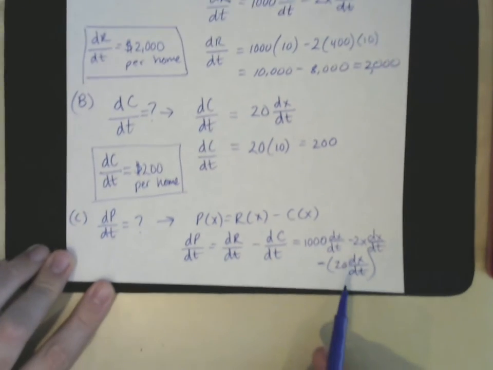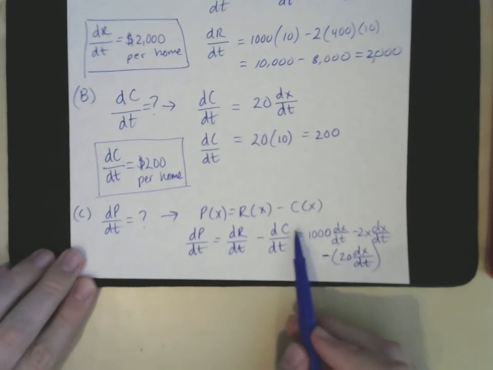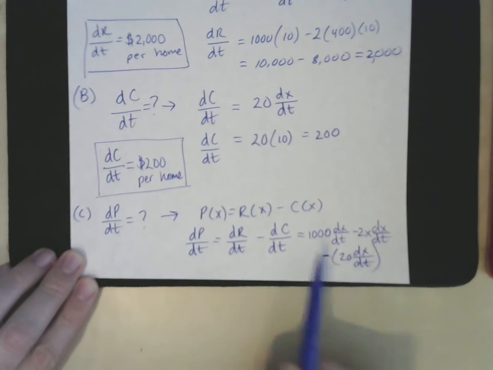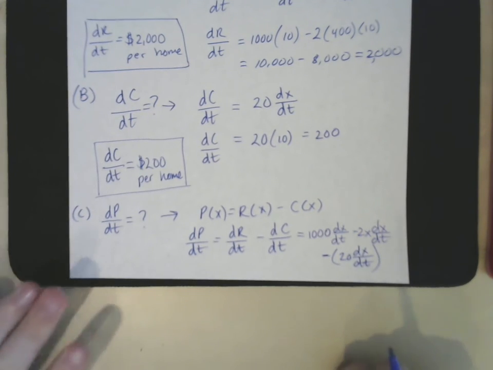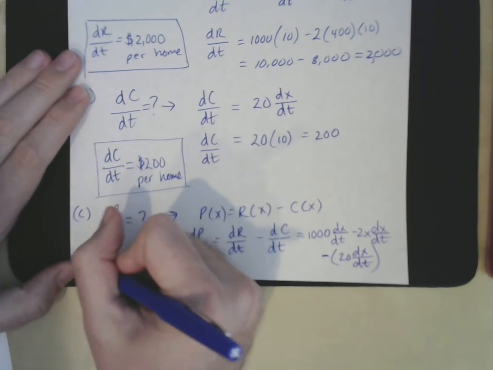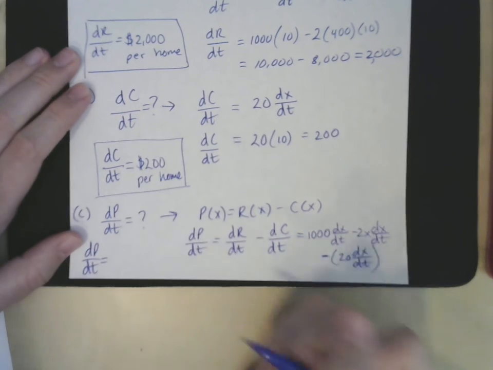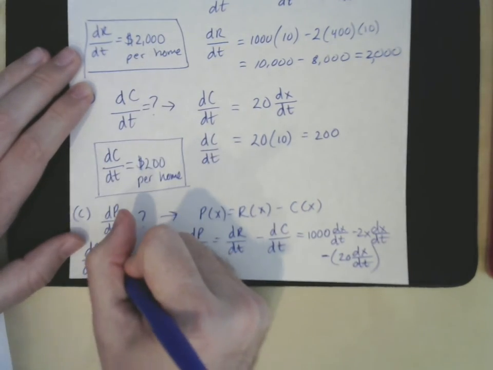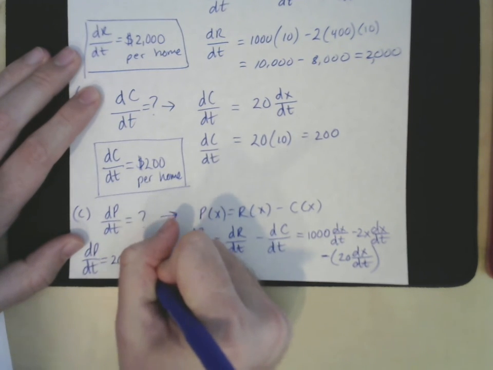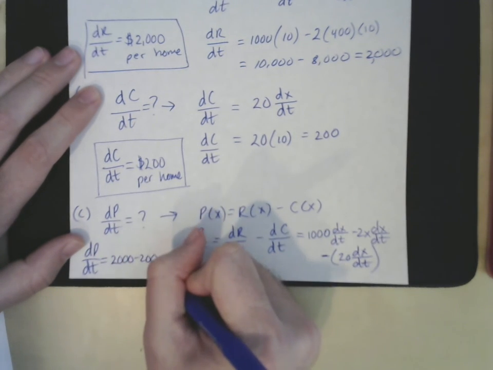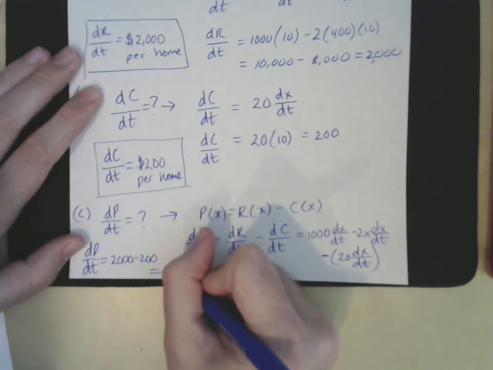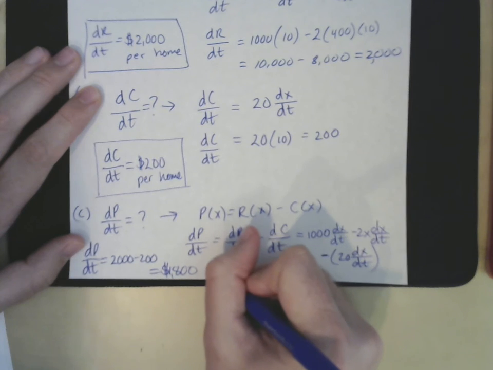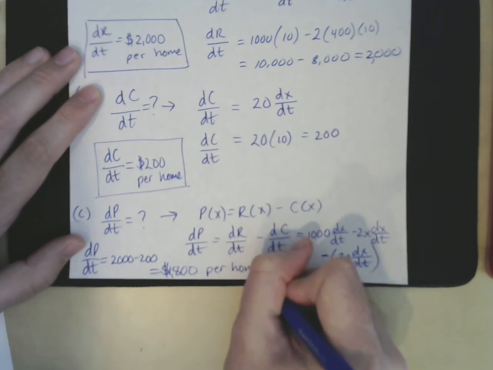Now we've already calculated most of these things because this is nothing more than our dr dt value, and this is nothing more than our dc dt value. So dp dt would equal what we got up here, 2000 minus 200, which is going to be 1800. And this is dollars per home.